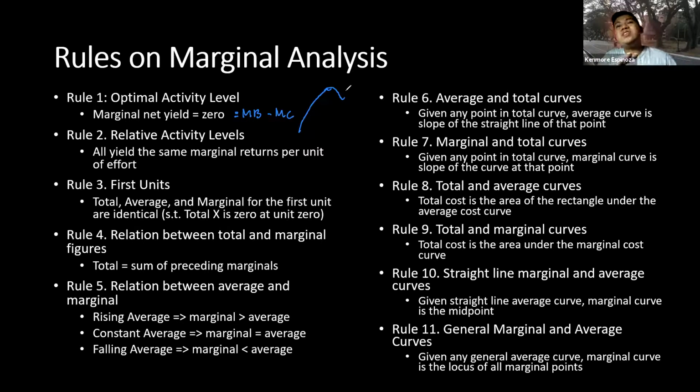You start to increase as you increase production, but over time, you will reach your maximum revenue, and after that, it decreases. So if you are trying to maximize your satisfaction, if you are a consumer, or maximize your profit, if you are a producer, then you would most likely produce or consume up to the point wherein your marginal net yield is zero.